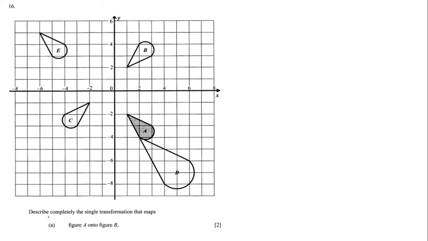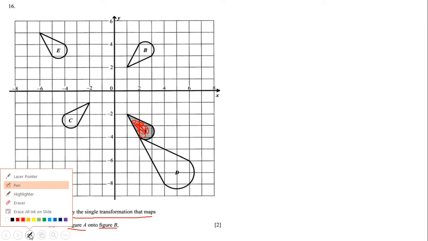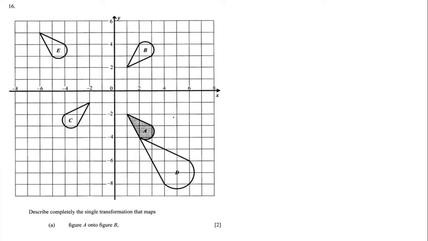So we want to describe completely the single transformation that maps figure A onto figure B. So this is figure A right now in all its glory. We're trying to figure out if we take figure A and the image is B, what would be the transformation?